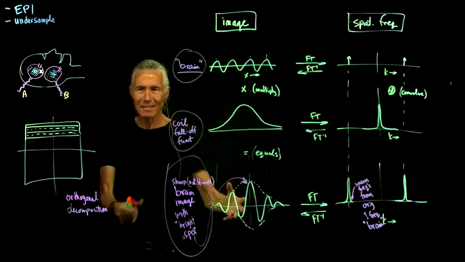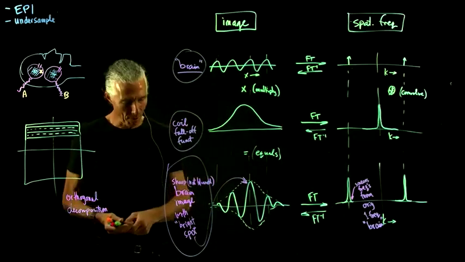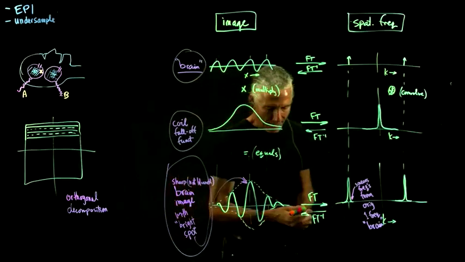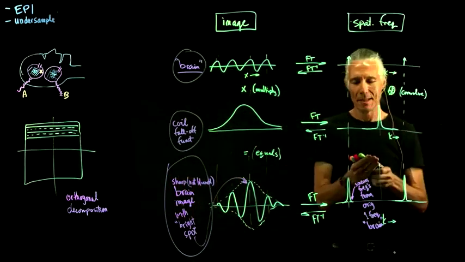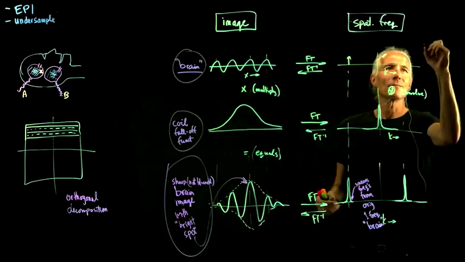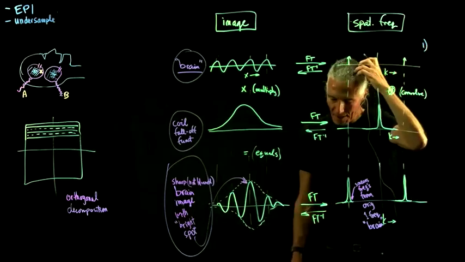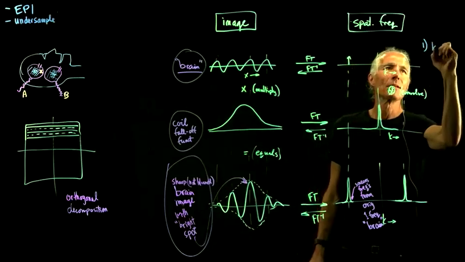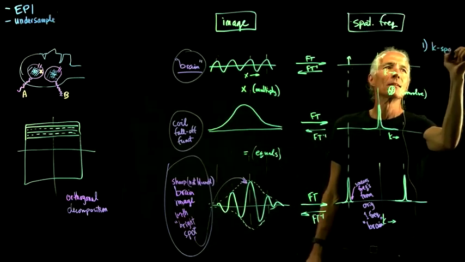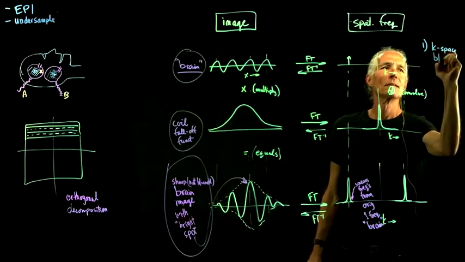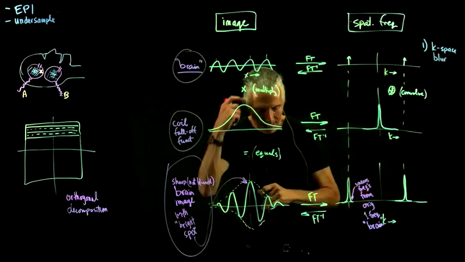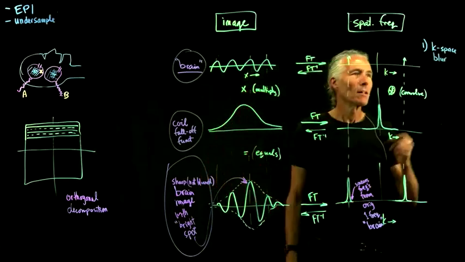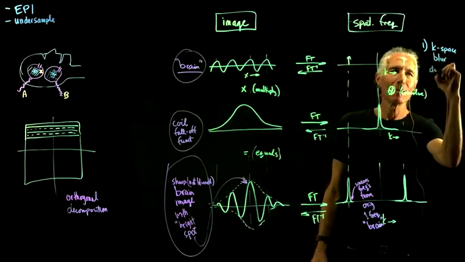Okay, so now that doesn't seem to help too much, but the important point is, what are the take-home points? So the first take-home point is K-space blur. We moved spatial frequencies over. But remember, it doesn't blur the image.